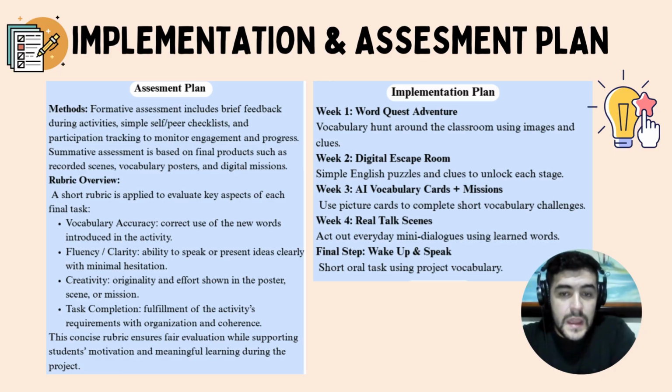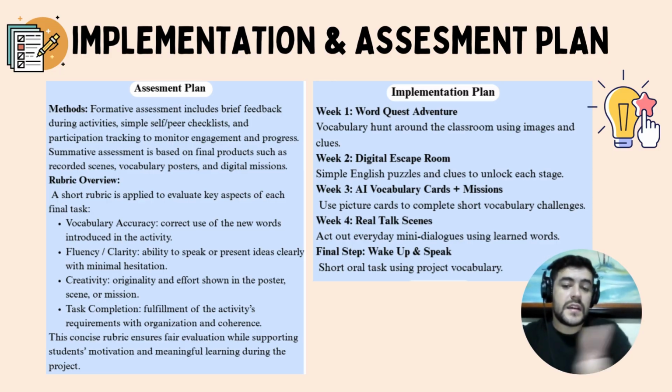Okay, rubric overview. A short rubric is applied to evaluate key aspects of each final task. Vocabulary accuracy. Fluency and clarity, the ability to speak or present ideas clearly with minimal hesitation.